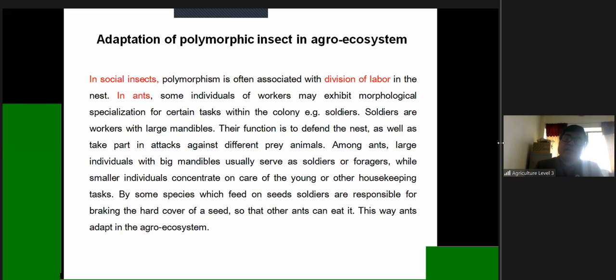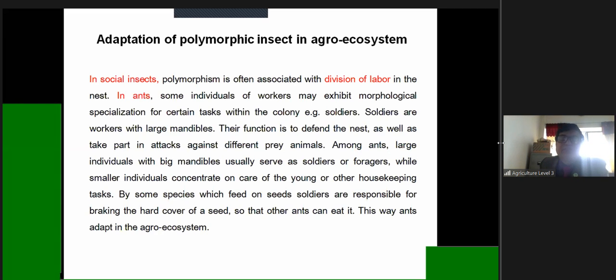But there are some small ants. What do they work? They take care of the young insects, and they also do the other housekeeping activities. So among the ants, there are two types. Soldiers guard the nest, they are larger in size, but the smaller ants work inside the nest, and they also take care of the young insects.